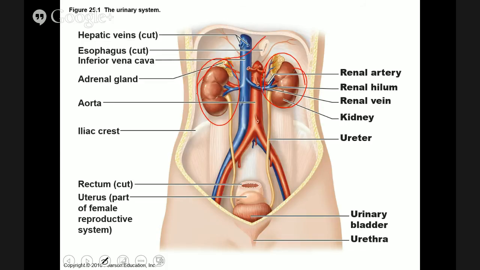If a person has two bad kidneys, they have a couple of options. One option, which is the most common option because there just aren't a lot of kidneys laying around, is something called dialysis. And there are different kinds of dialysis.